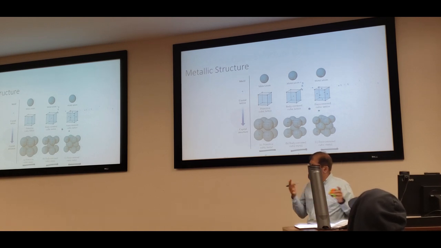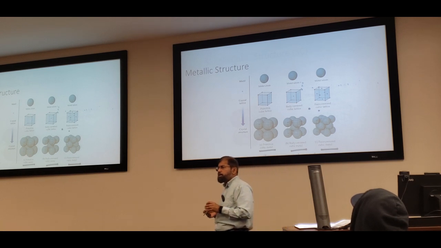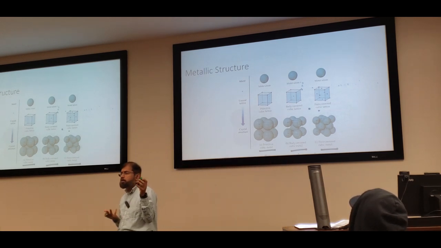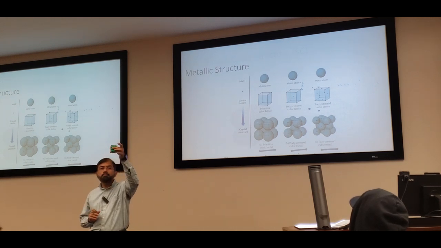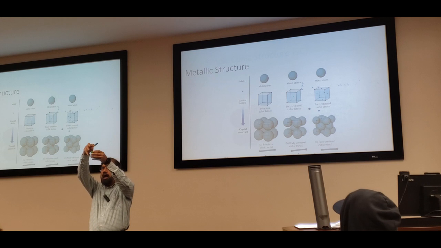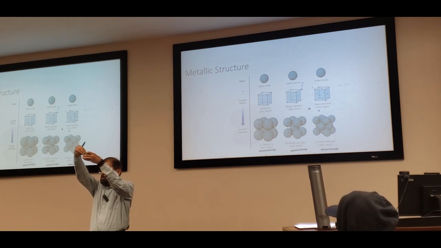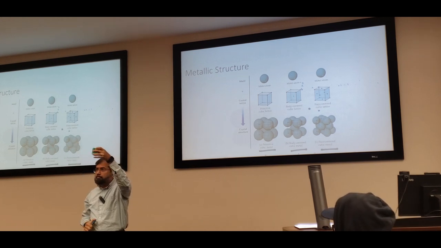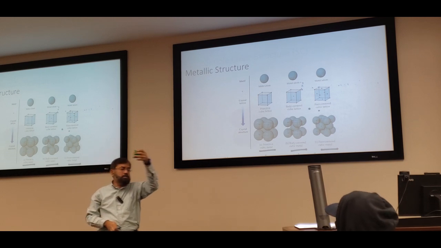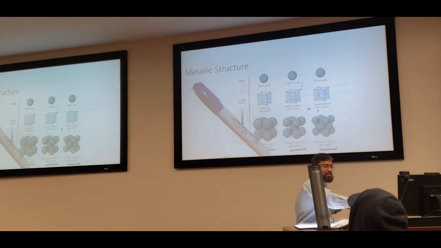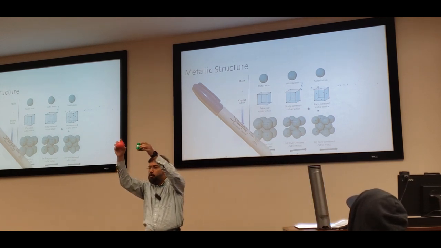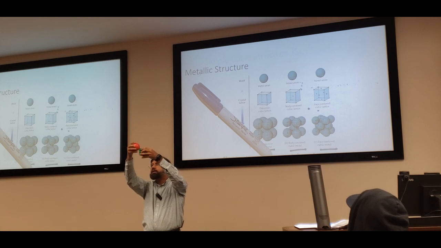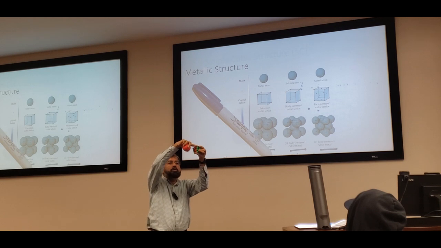From the names themselves, it's very clear. What is a simple cube? In a simple cube, you can see atoms only at the corners. Think about it now. Assume that this is very small, and there is an atom at the corner here.